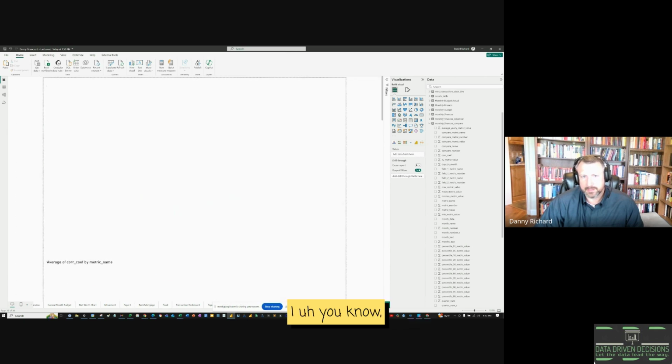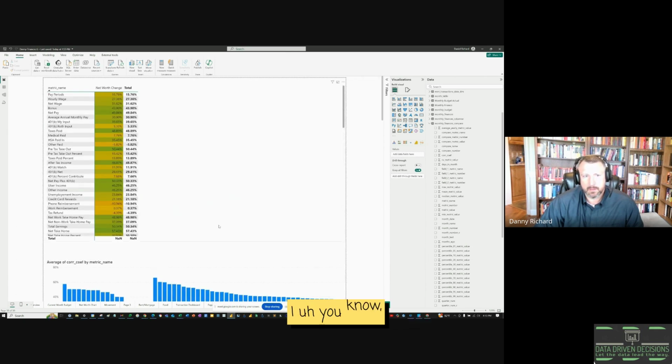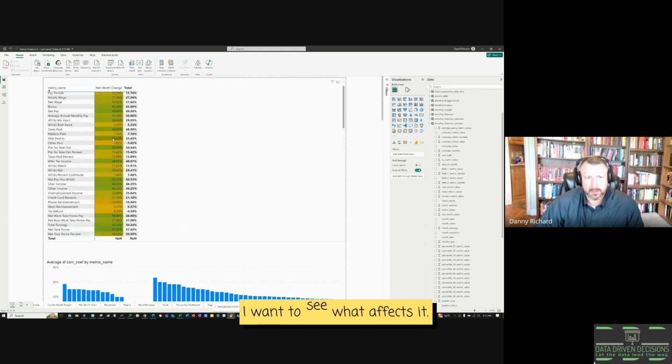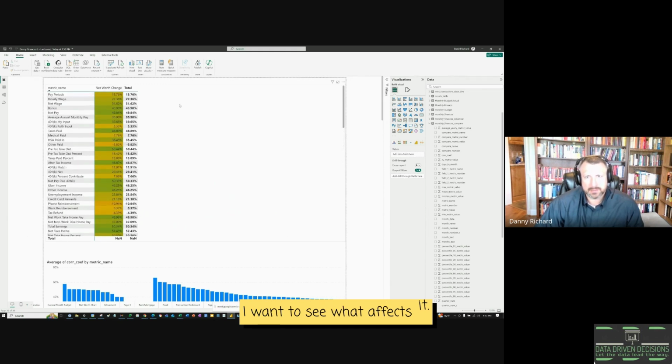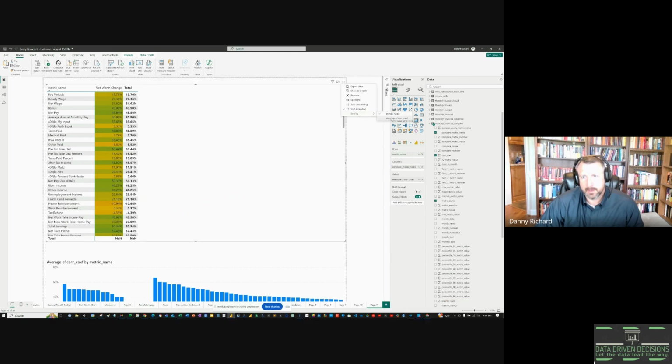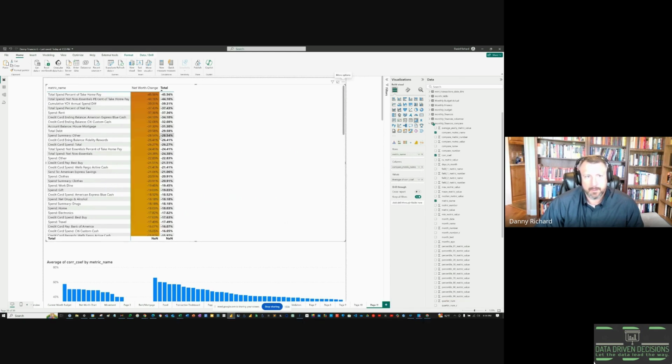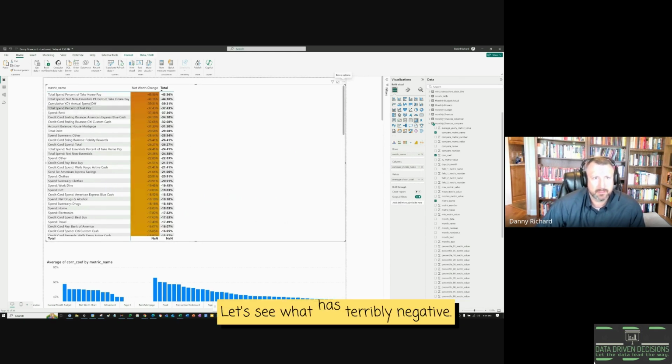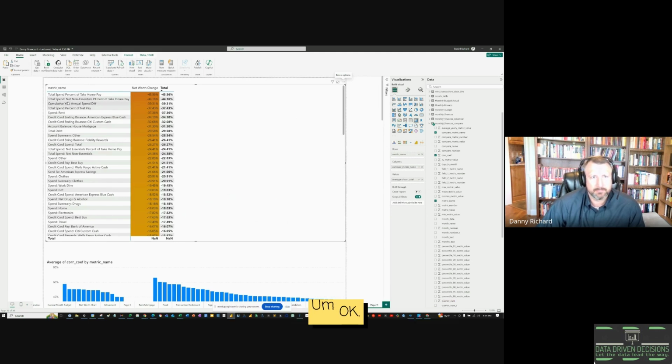Taken to another page, just focusing on net worth change. I want to see what affects it. So I got every correlation right here, and I can sort it. Let's see what has terribly negative. Rent, very negative. Time correlation, I no longer have rent, so that's why.